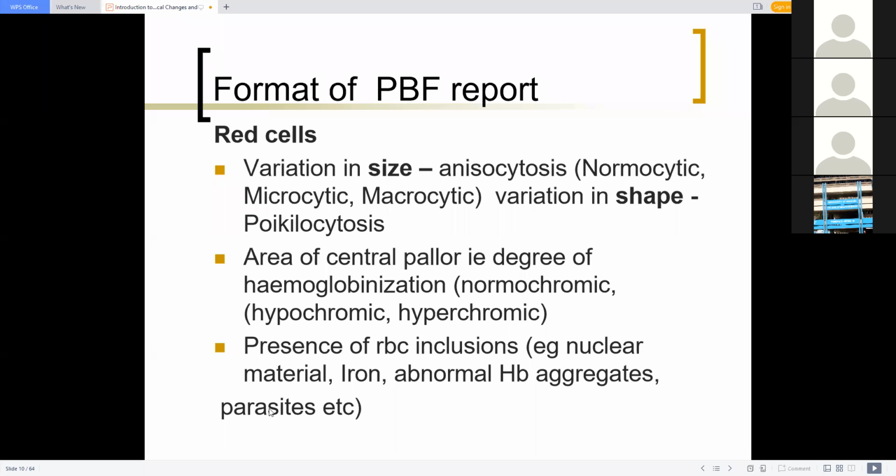And there are many types of hemoglobin inclusions. There are parasites, for example, there is iron, and we call those Pappenheimer bodies, and we could have the nuclear material remnants, which we call Howell-Jolly bodies. So you're going to be introduced to all these.